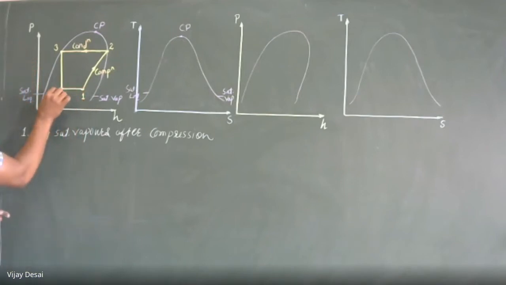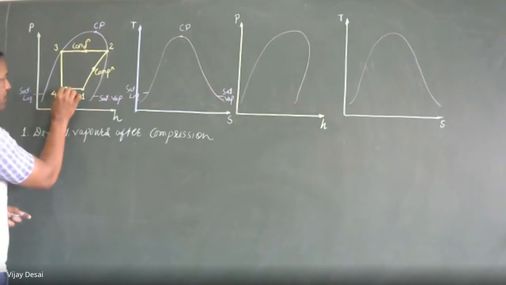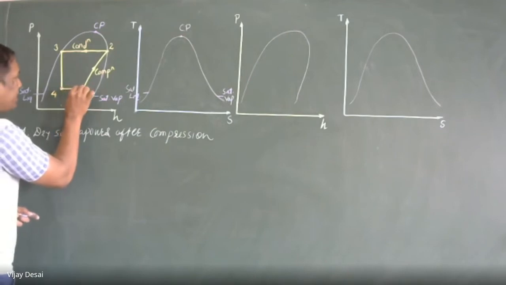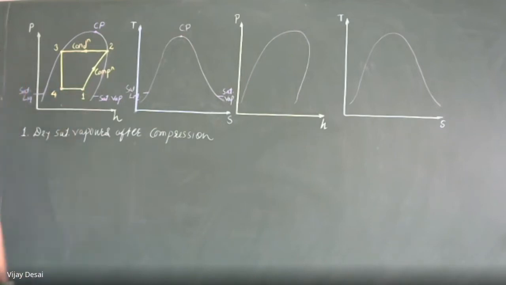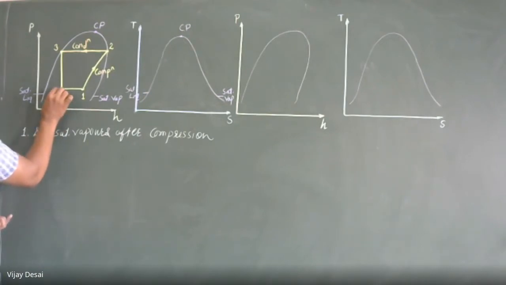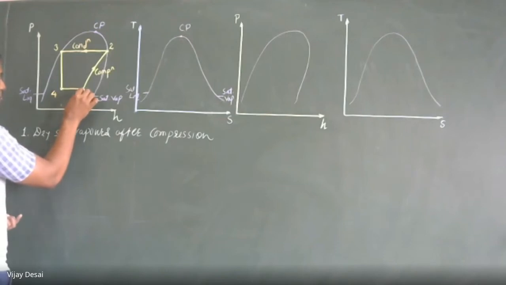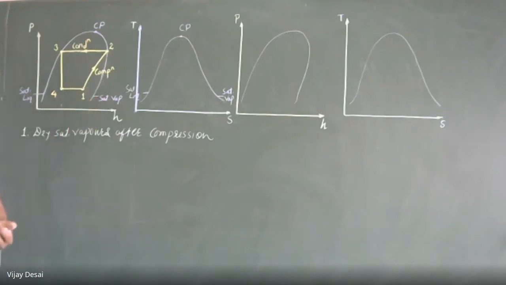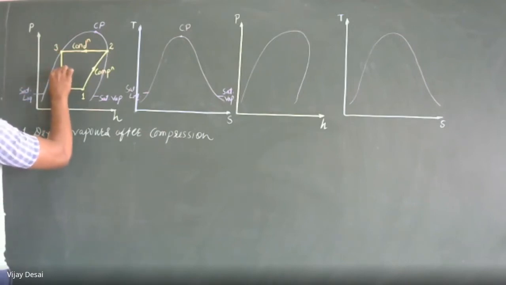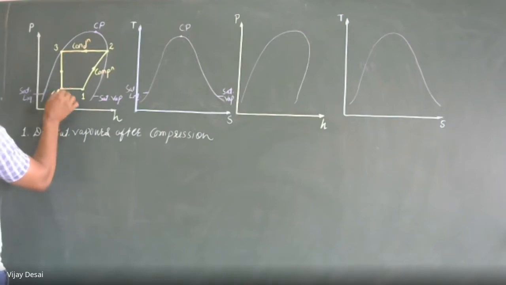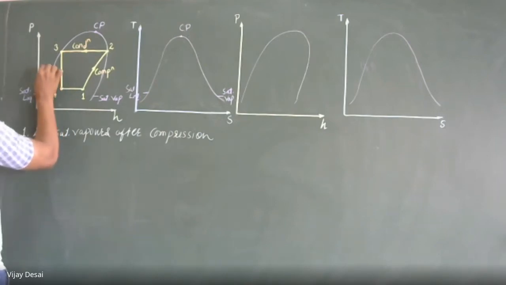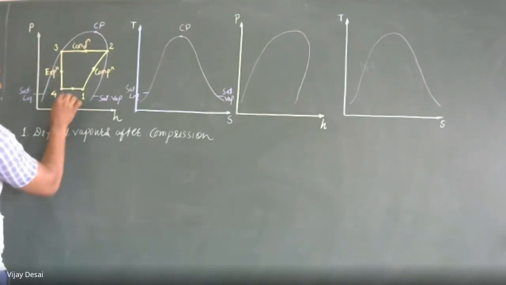Here we observe that it is more wet vapor condition, but as it is absorbing latent heat and converting into vapor, its wetness reduces. So the dryness fraction at point 4 is lesser, and the dryness fraction at point 1 is more. So after evaporation, we observe our refrigerant reaches condition 1. This is the expansion process or throttling process, and this is the evaporation process.